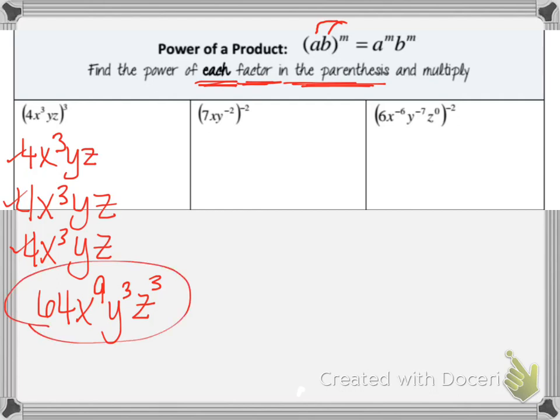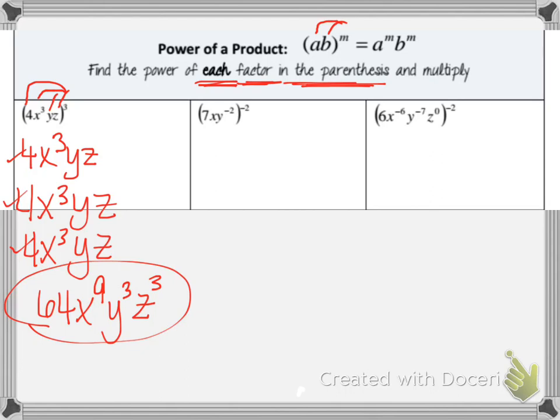So notice that if you go back up to the example, you have 4 to the 3rd power, x to the 3rd power, which is a power of a power, and then y to the 3rd power, and z to the 3rd power. So that exponent has to go to each and every term inside the parentheses. Okay? So now go ahead and try the next example.